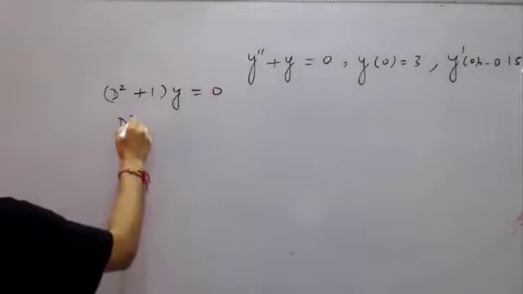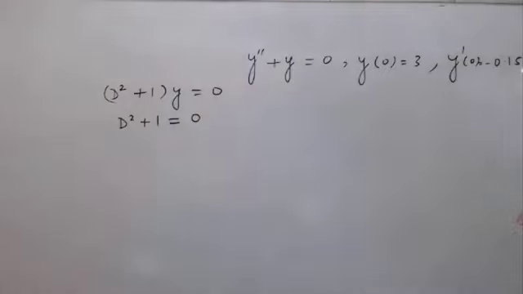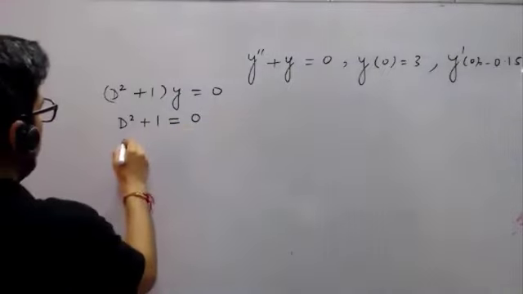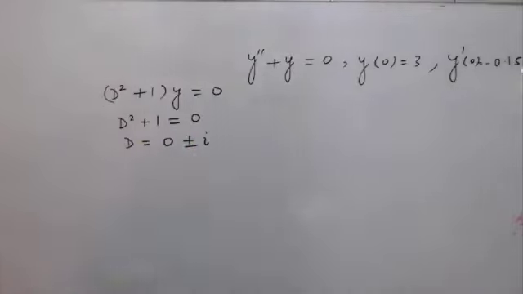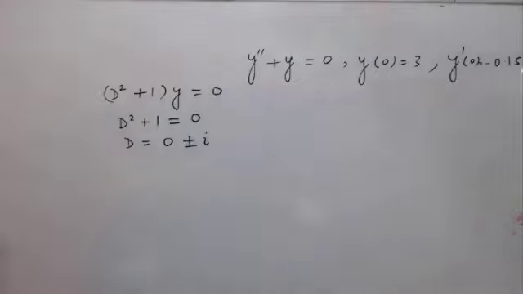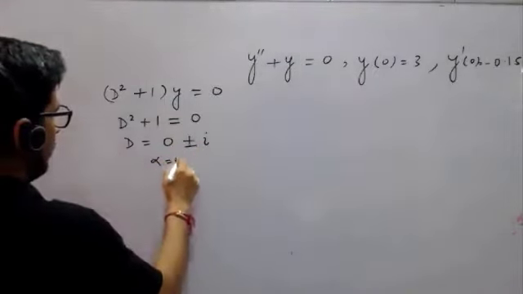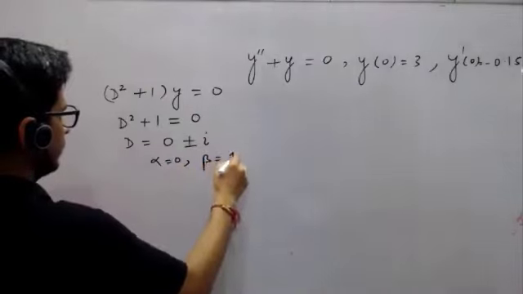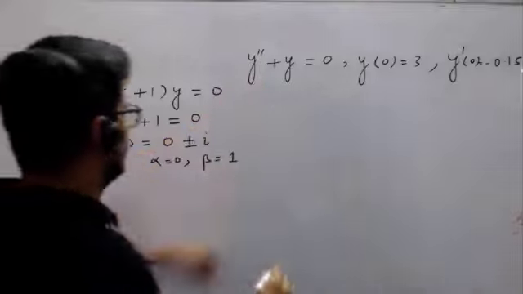Then D square plus 1 is equal to 0. So the value of D will become 0 plus minus iota. Please see this. The roots will be complex and the value of alpha is 0, and beta is 1.